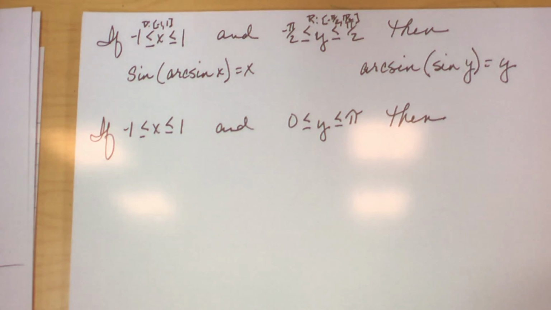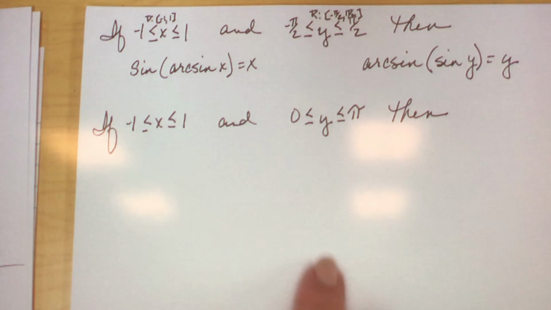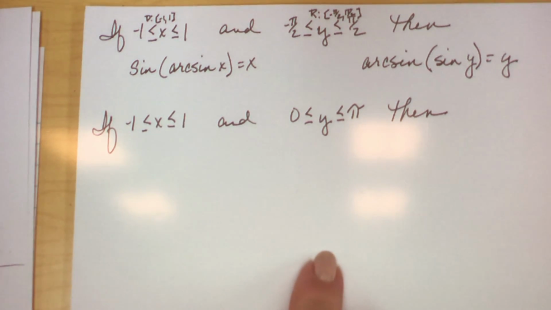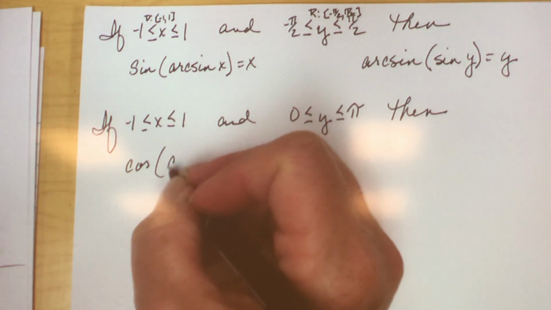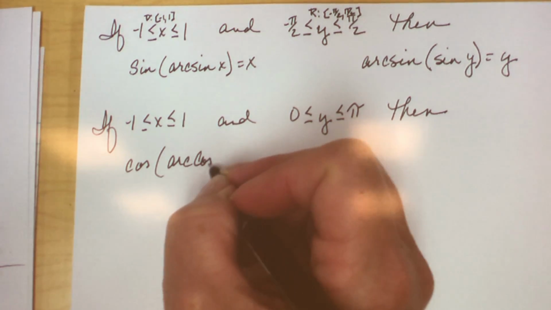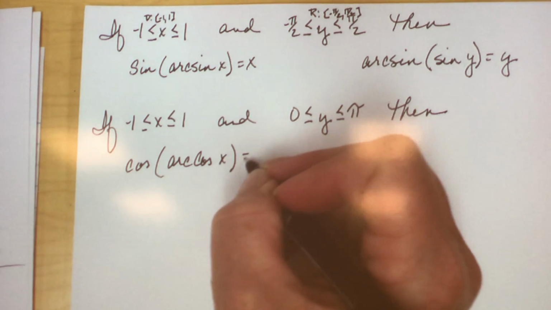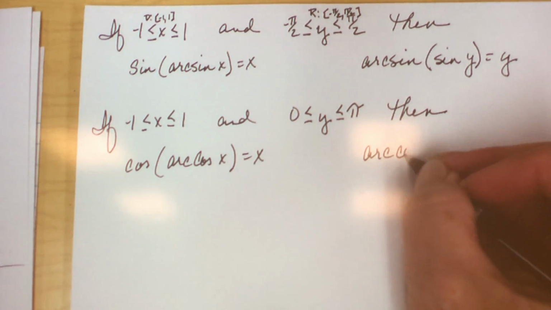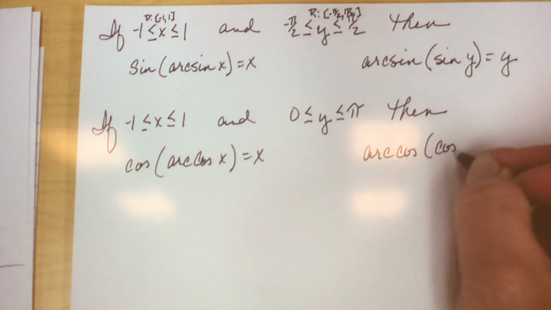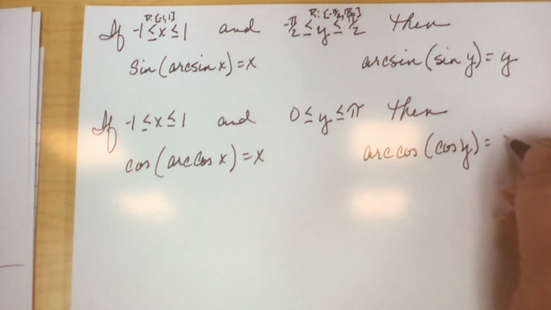Cosine. The cosine of the arc cosine of x is equal to x, and the arc cosine of the cosine of y is equal to y.